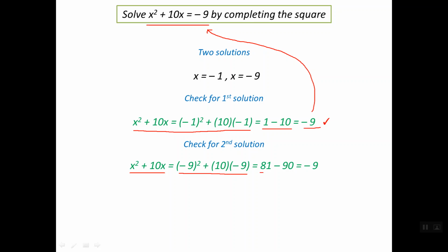Minus 9 squared is 81. Plus 10 multiplied by minus 9 is minus 90. So the result is minus 9. Again, we get the same result as the right side of the original equation. So our second solution is correct.